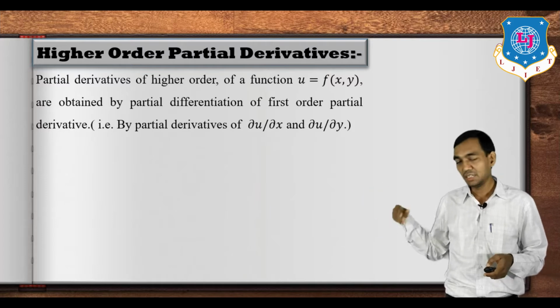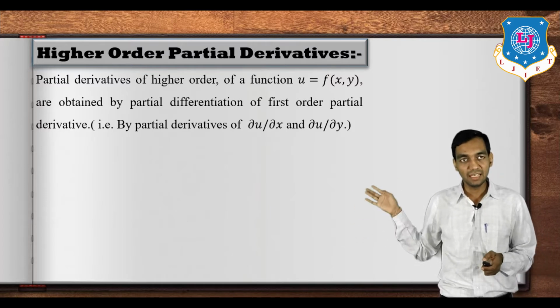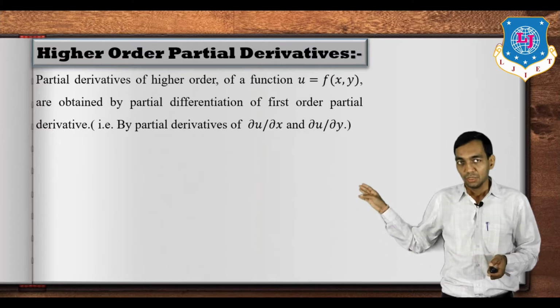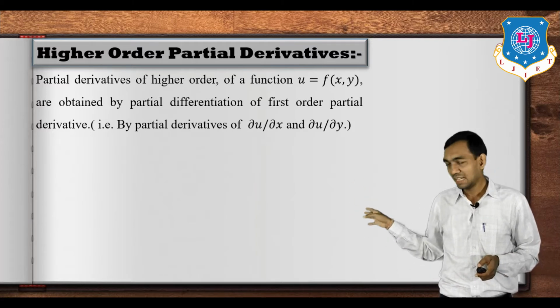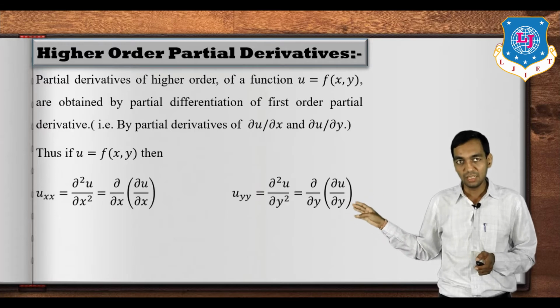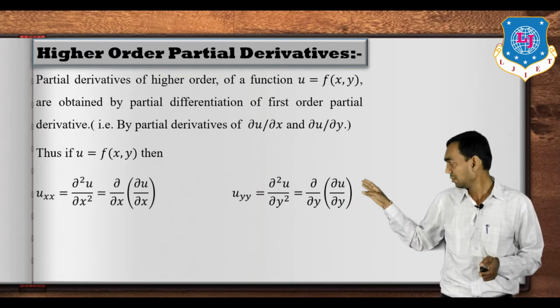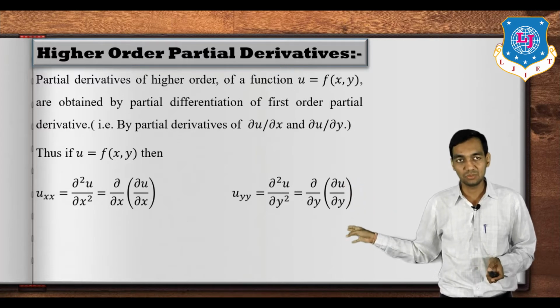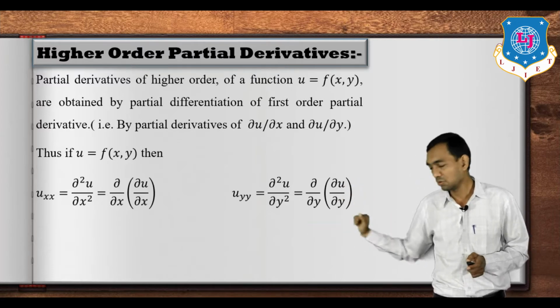So, you can differentiate del f by del x and del f by del y with respect to x and with respect to y. Now, if you are differentiating del u by del x with respect to x, then it is written in the form del by del x of del u by del x, and that is denoted by del square u by del x square, that is your uxx.